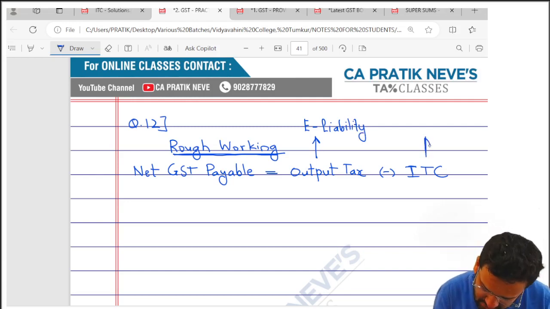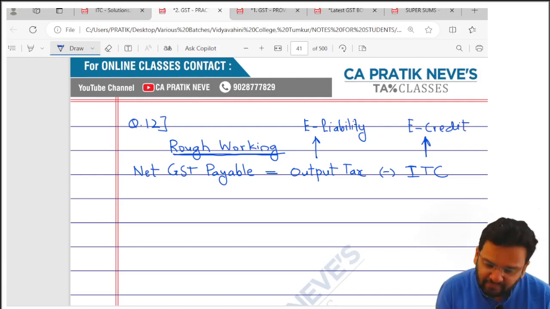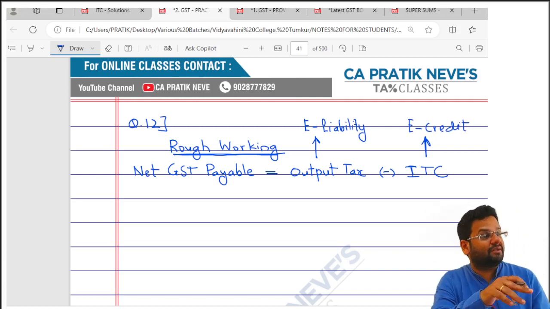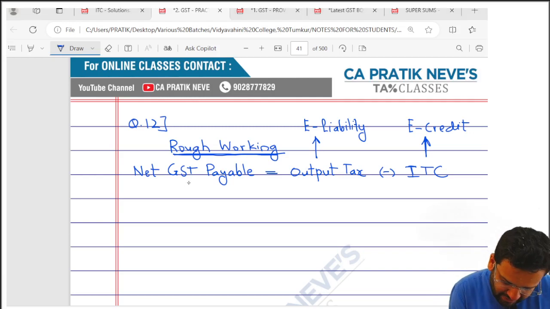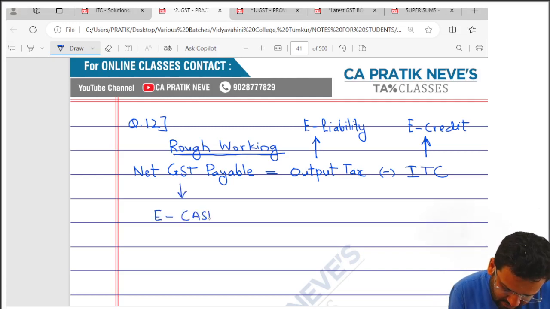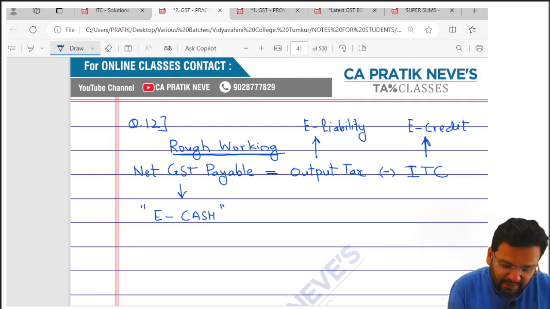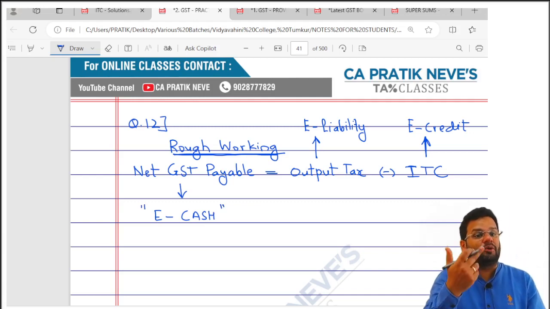ITC is in which ledger? E-credit. So this is available with him. But how much he has to deposit in e-cash? So net GST payable is the amount to be deposited in e-cash, isn't it? So don't you think the supplier should have an idea of how much to deposit in e-cash?